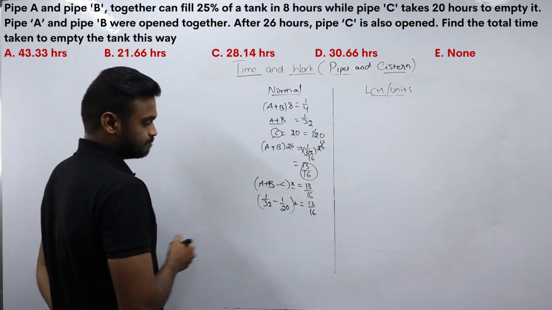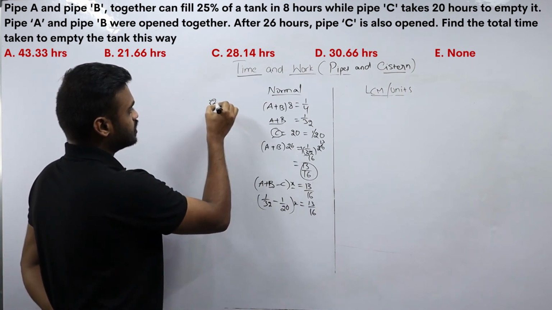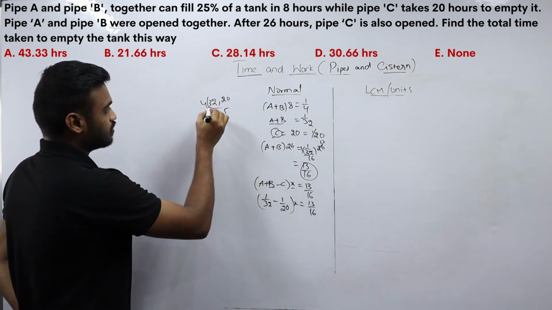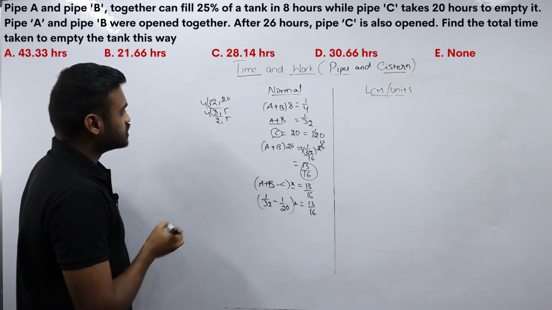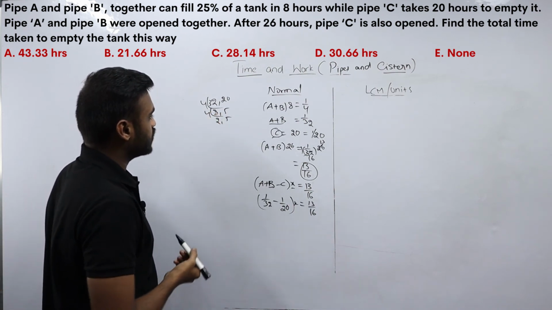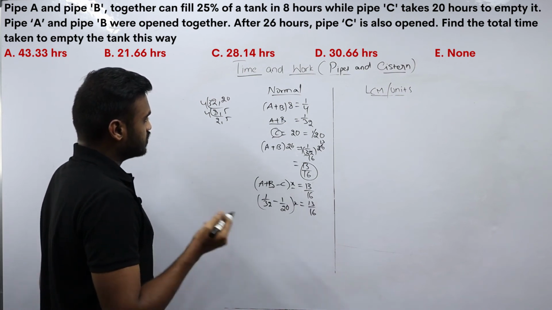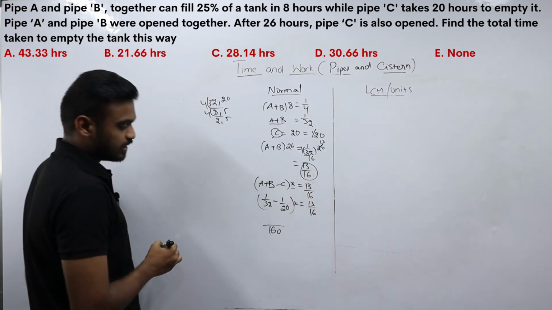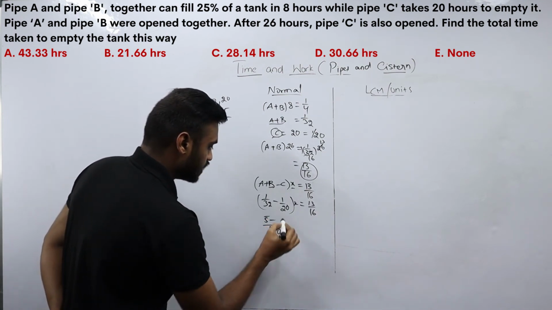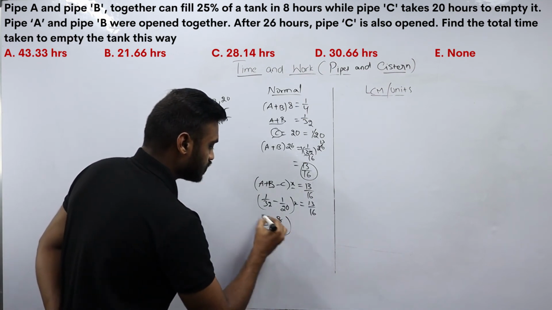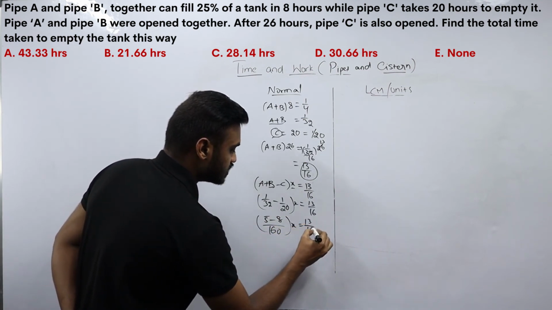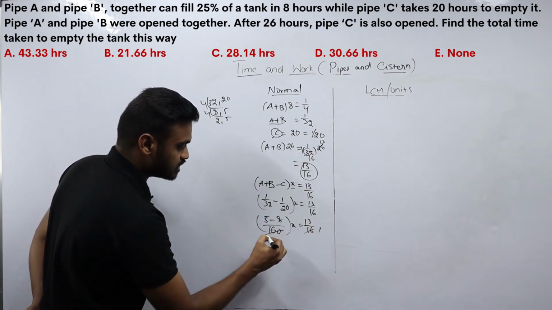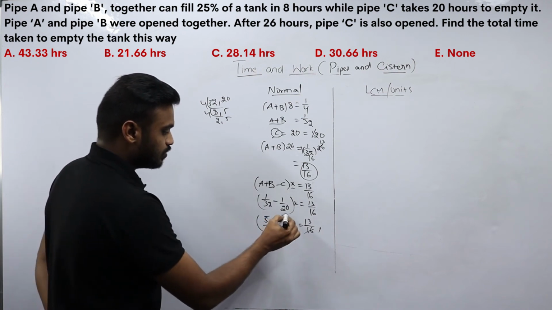So if I get the LCM of 32 and 20: 4 8s are 32, 4 5s are 20, 4 2s are 8, 5, 4 4s are 16, 16 2s are 32, and 32 into 5 is 160. 160 is the LCM, and 1/32 into 160 is 5, minus 1/20 into 160, that is 8, into X equal to 13/16. So 5 minus 8 is minus 3/160, and if I cancel this 16, 1 16 tens, and here it will be minus 3.